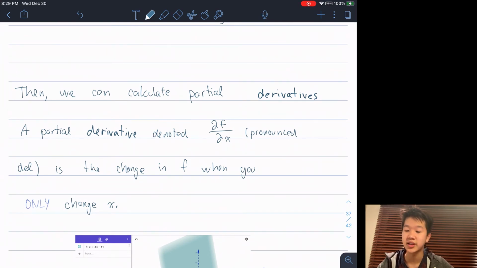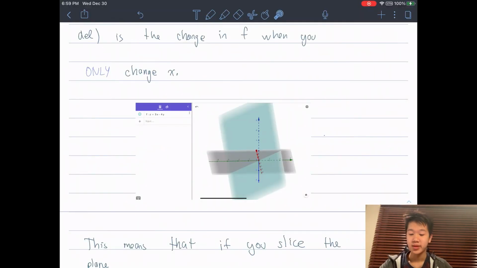You'll see that it looks like some sort of sheet of paper, and this means that if I slice the plane, for example at y equals 0, meaning I keep y constant and I can freely move x, you'll see that when I slice it, it gives me a slope of 3. So this is what you see.